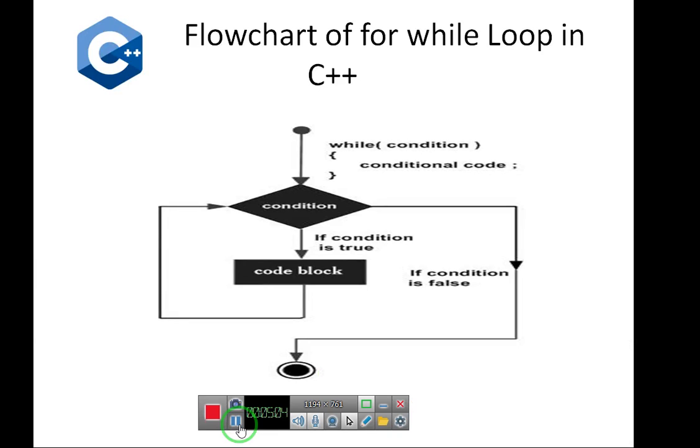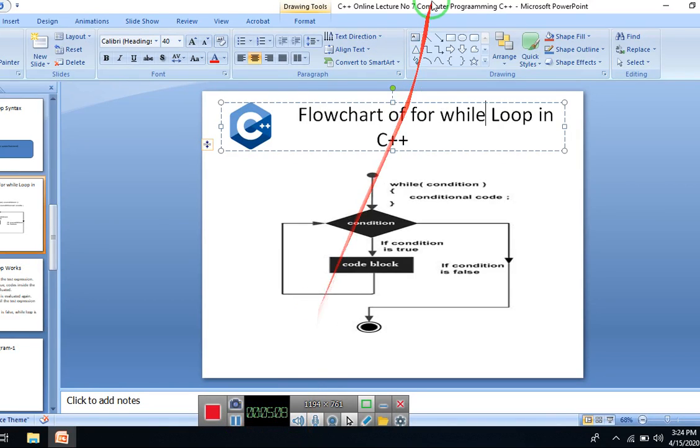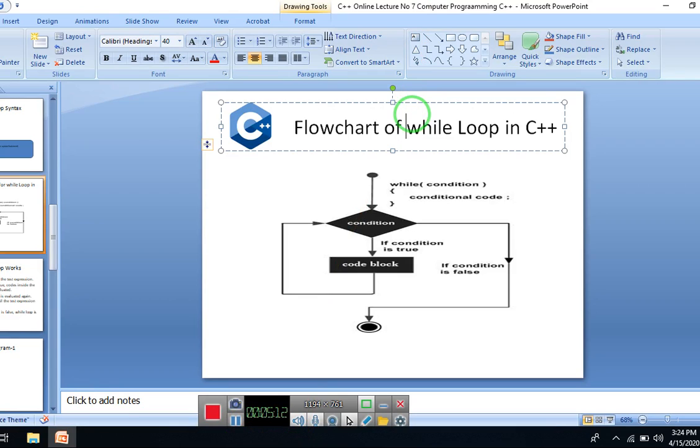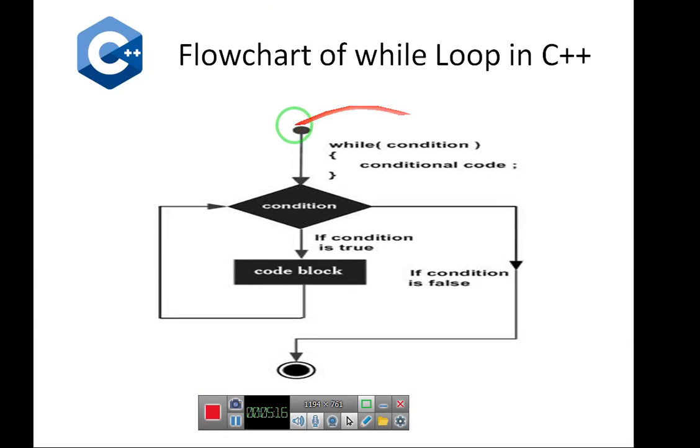Okay, so the flowchart of while loop in C++. We have a while keyword and the condition lies here. If that condition is true, the code block, or we can say the statement, is executed.